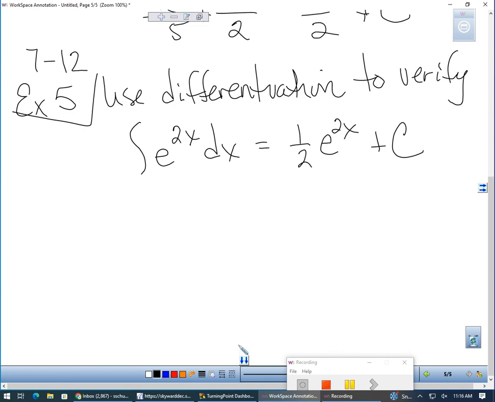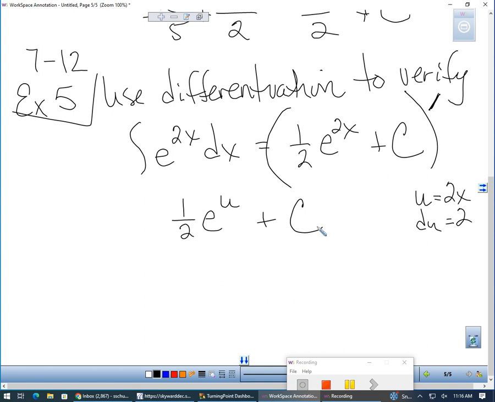So I'm going to take the derivative of this side and put a little prime there. I technically have to do a u substitution for the 2x, right? u equals 2x, du would equal 2. So I would have 1/2 e to the u. I still have plus c.